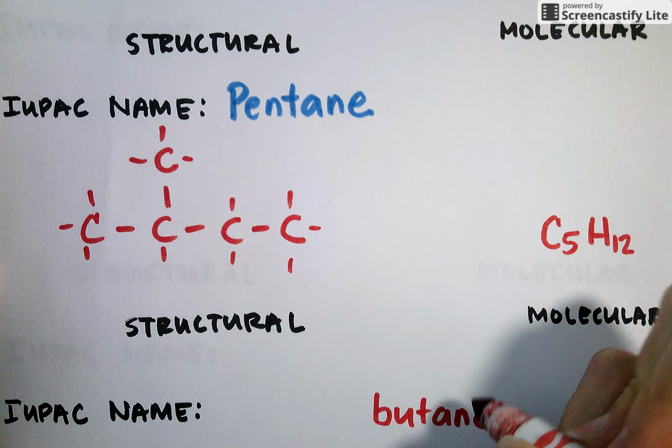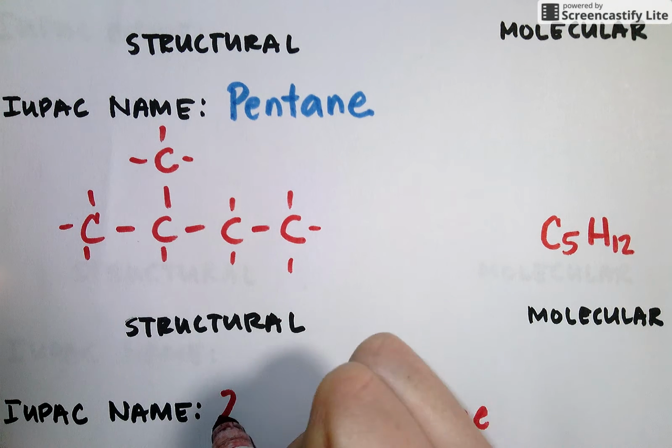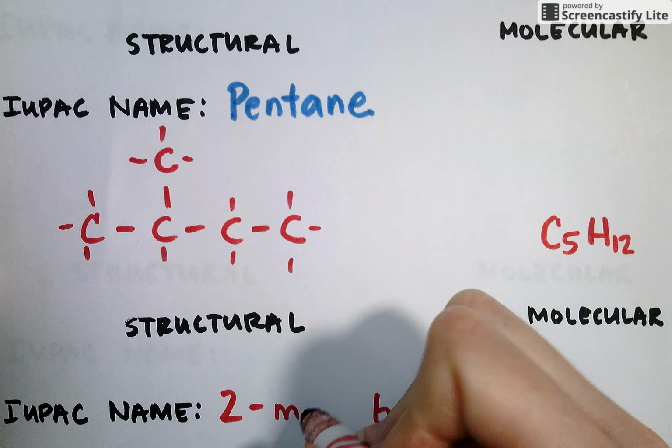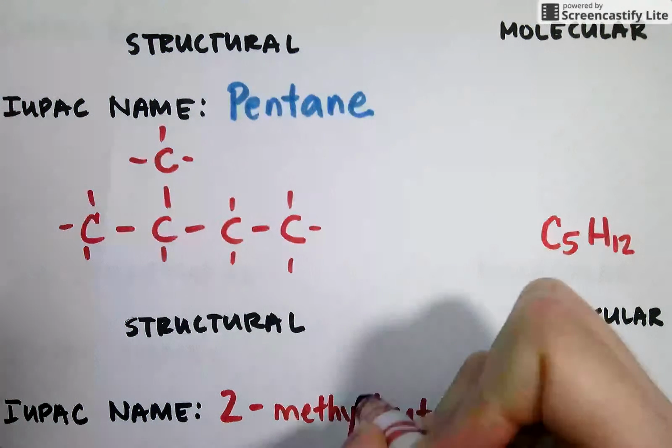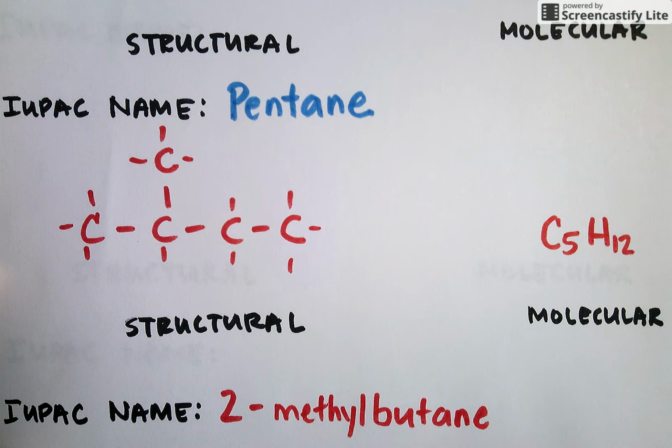But I've modified butane on its 2nd carbon by adding a methyl, or 1 carbon, attachment. So I've ended with 2-methylbutane. I've got a different name, a different structure, and the same molecular formula. That is the definition of isomer and all of the little associated checks you can do to make sure that you've got yourself an isomer and not the same molecule.